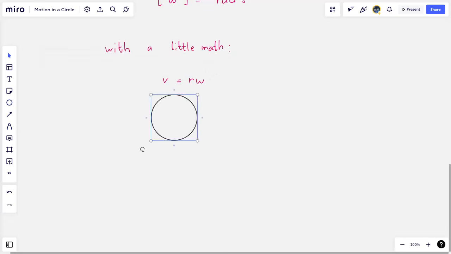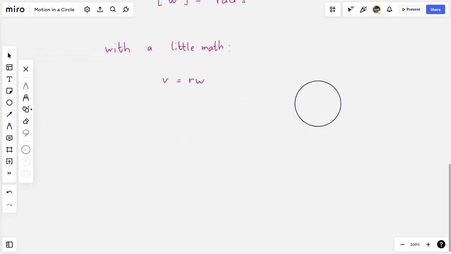Let's draw another circle. Let's label this again, shall we? And so if I am moving around the circumference of the circle with an angular speed omega, the circle itself has a radius r, then if I draw myself from the top view, when I'm at the edge of the circle, my linear velocity, or my speed, simply is v, and it is tangent to the circle.